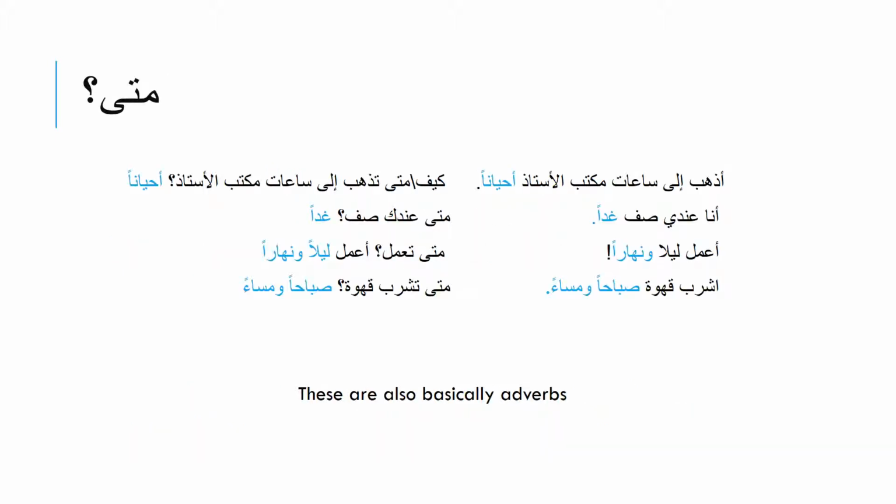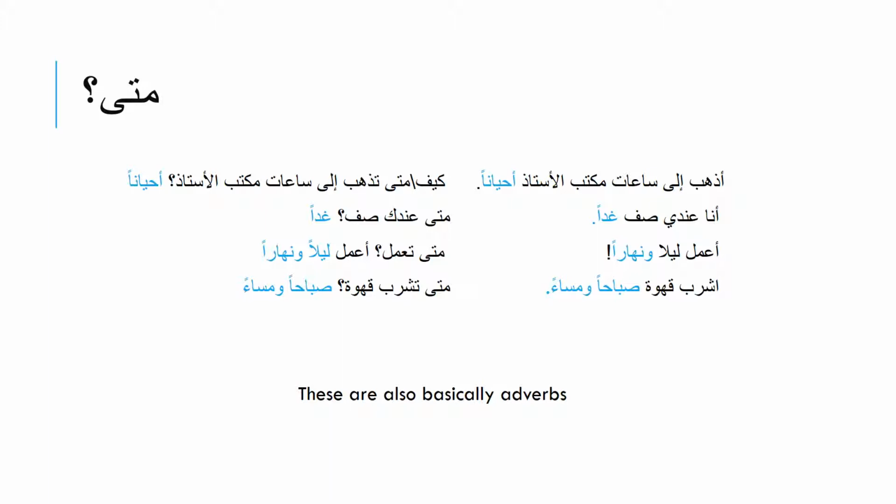Finally, as I said, sometimes we can recognize these things and understand why they have the tanwin fatha, because they answer the question meta. As I said, أذهب إلى ساعة مكتب الأستاذ أحيانا is kind of ambiguous, right? It describes the verbal action. It's an adverb, right? In English, that would be one category. In Arabic, we kind of think of them as two, because one answers the question kaifa, one answers the question meta, and in this case, I think أحيانا could answer either question.